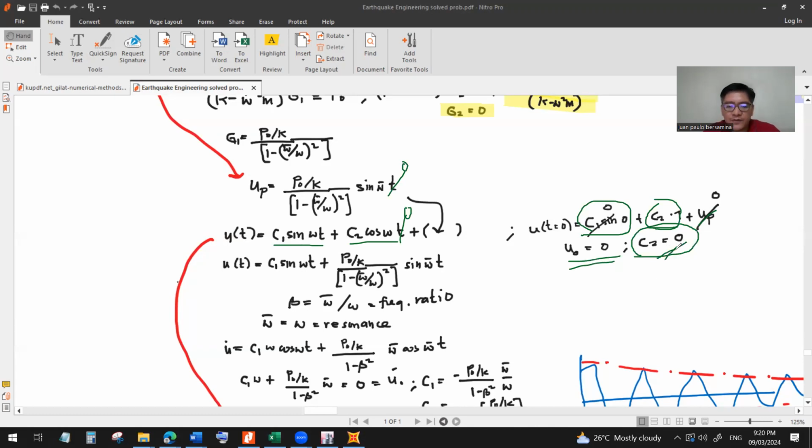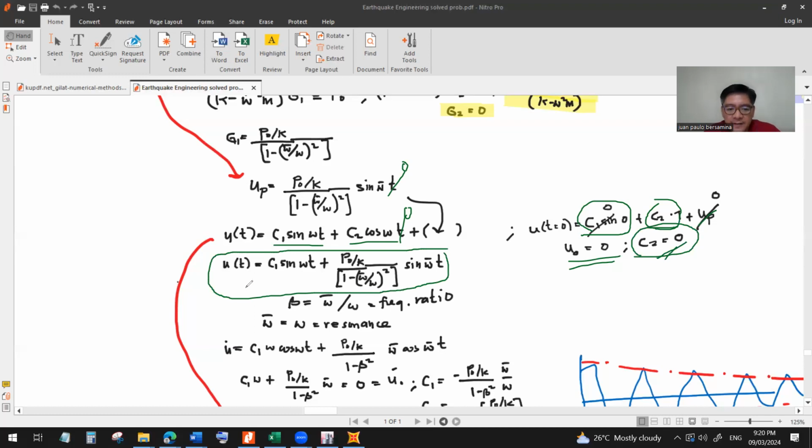And then to obtain C1, find the first derivative. This is first derivative, I think. Okay, so here, tama. Ito na, sinubstitute na yung C2, no?